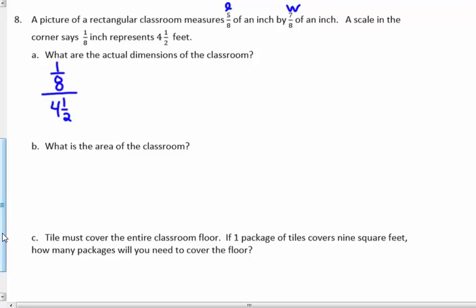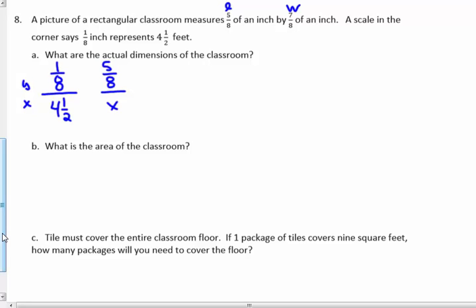What would 5/8 be? Y over x has to equal y over x. My original is the x, and my scale is the y. So this is my y over x, my scale drawing over the actual, or the real thing.